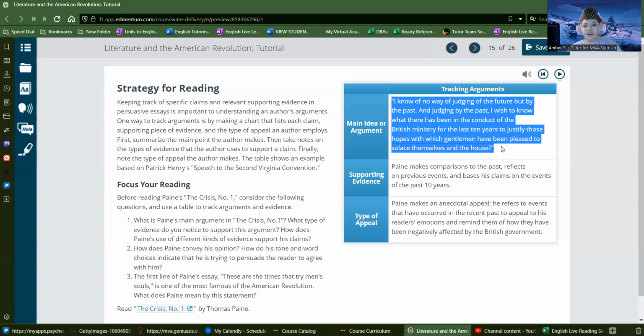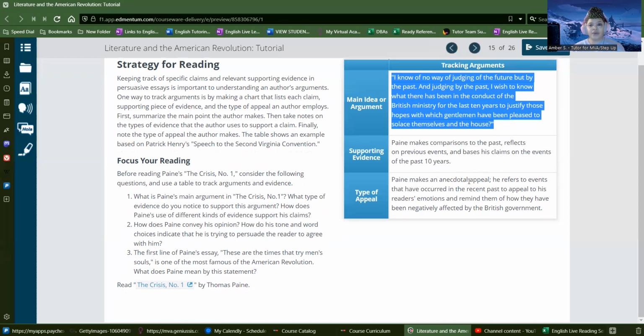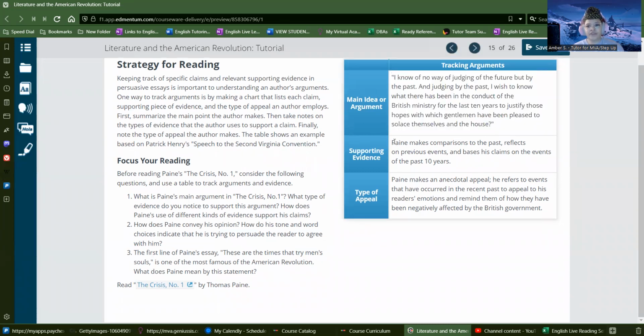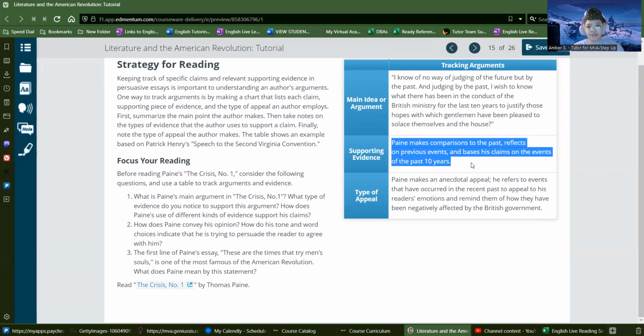So this is a very clear argument, right? He's making comparisons to the past. These are things that are actual facts, like the things that have happened are things that you can actually discuss and observe, right? So that's why here, for supporting evidence, it says Paine makes comparisons to the past and reflects on previous events and bases his claims on the events of the past 10 years.